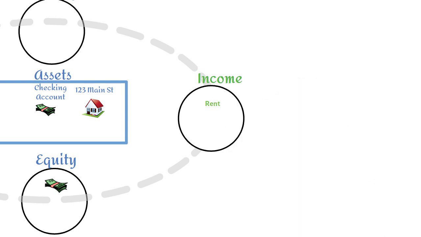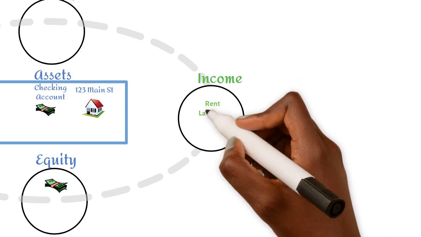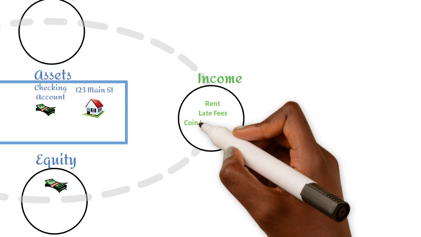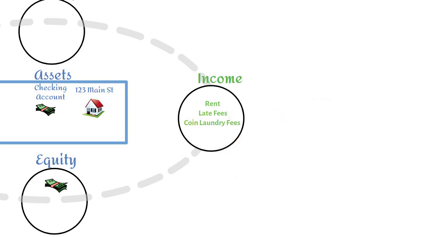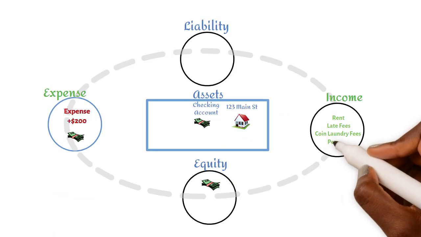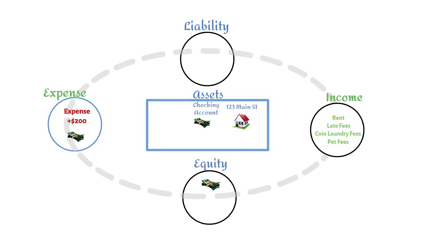Now, you might of course have other related sources of income, such as late payment fees, or perhaps a coin-operated laundry, pet fees, and the like. These can all be different sources of income for your real estate business, and you can break them down as much or as little as you want. Go with what makes sense to you.